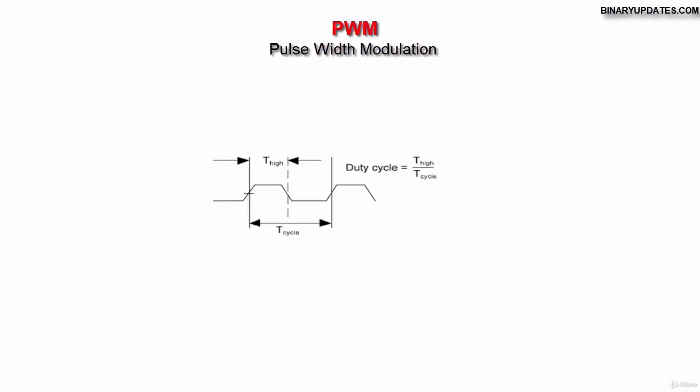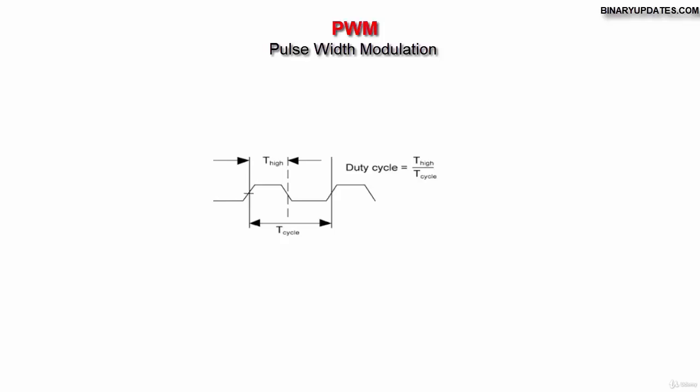Now this T cycle, the period of the clock, determines the speed of our microcontroller. A clock cycle is the amount of time in which two pulses of an oscillator occur, that is T on and T off. The duty cycle is the fraction of time in which the signal is active.